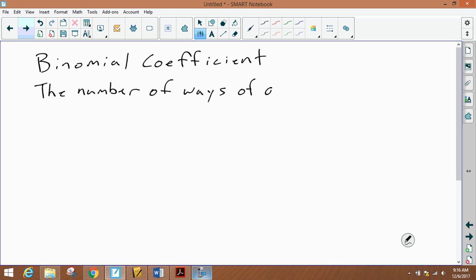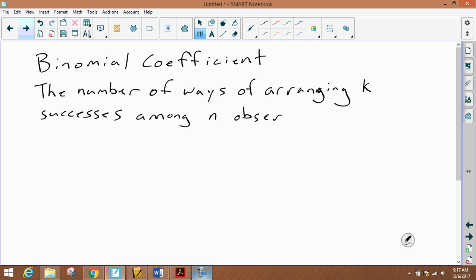What it is: the number of ways of arranging k successes among n observations. And it looks like this, n over k.